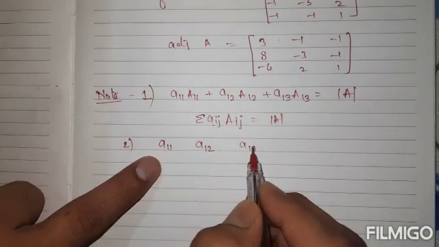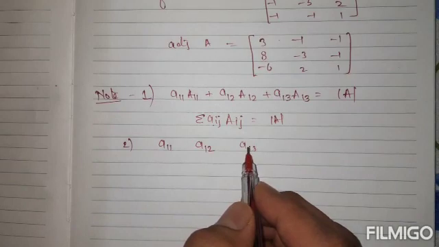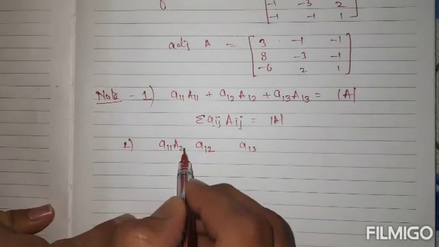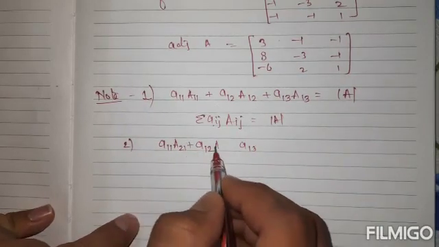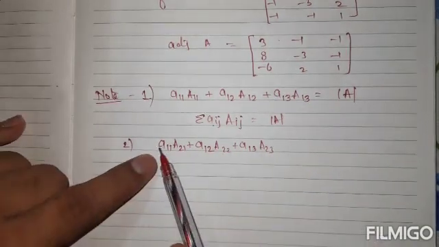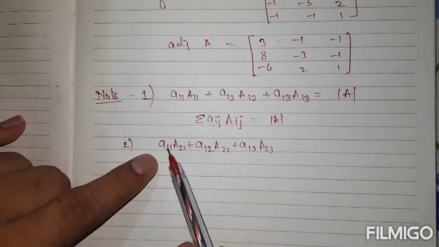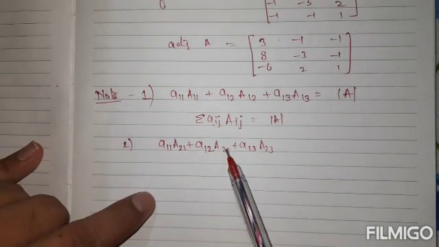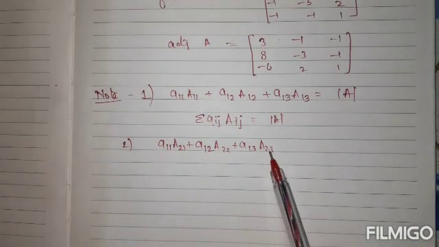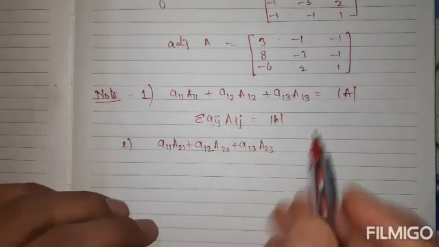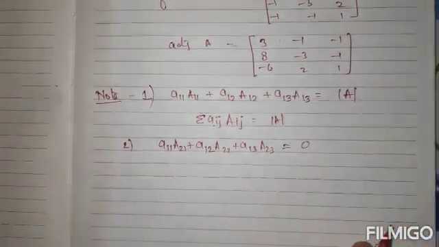These are the elements of the first row, but if they are multiplied by the cofactors of any other row, suppose second row, like this one, small a11, a12 and a13 represent the elements of first row, and capital A21, A22, A23 represent the cofactors of the second row. If this is done, then it is always 0. You have to keep this in mind.